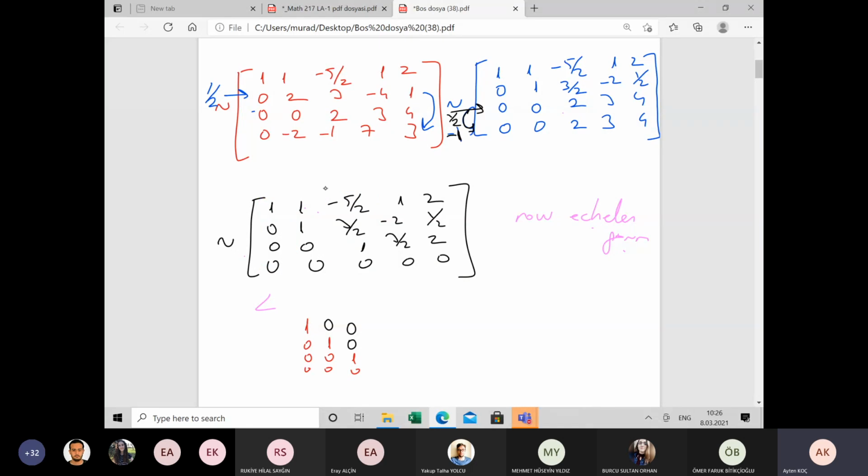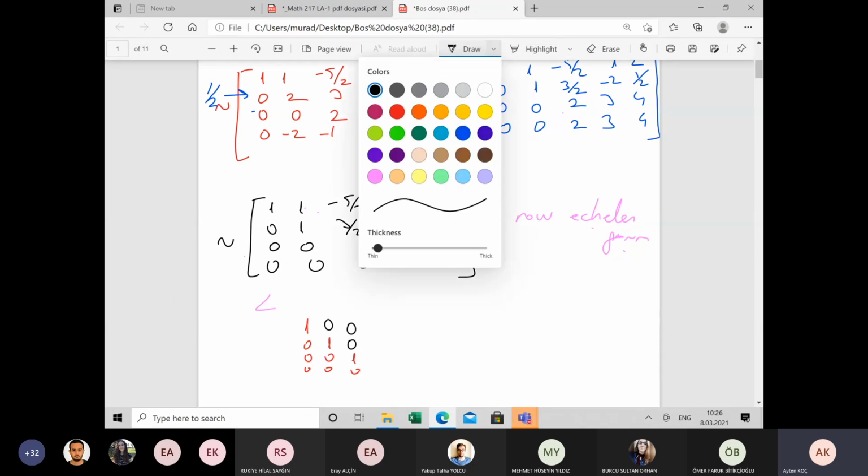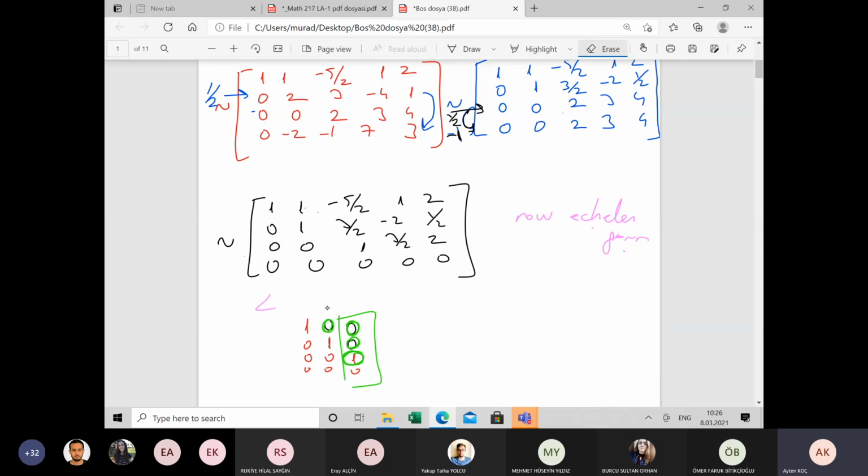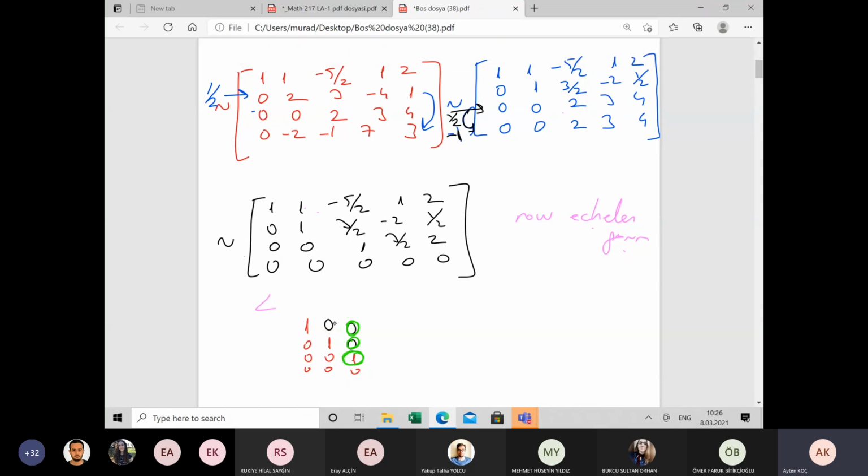Be careful. We will use different colors. It's okay. Start with the last leading one. Always our aim is to get this one 0, this one 0. And then the next step to get 0 here. It's okay, be careful.